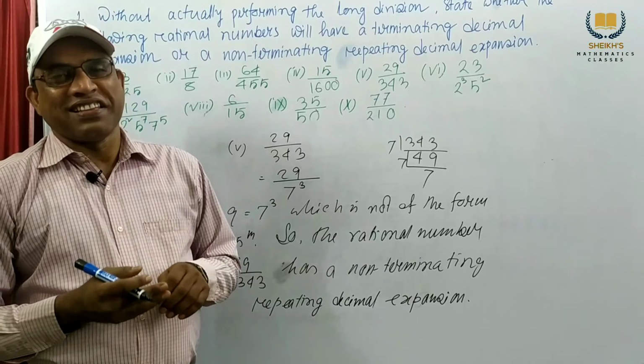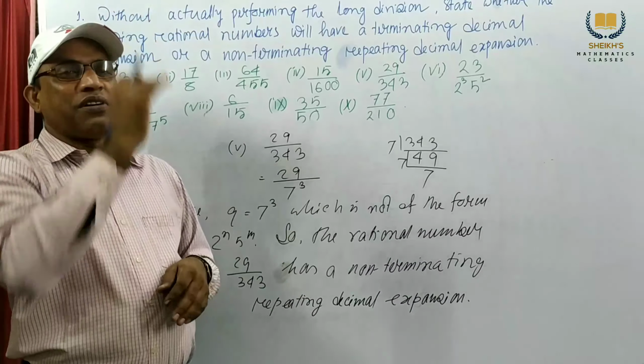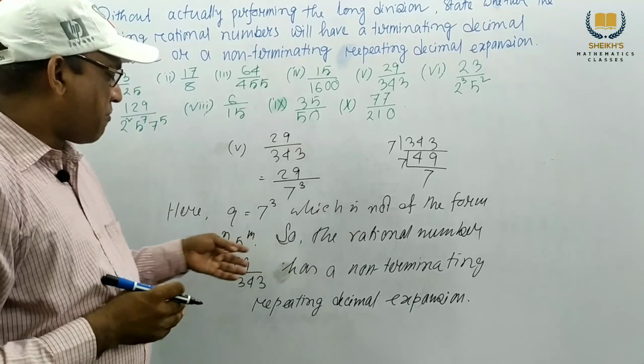It cannot end in digits. If we divide for a long time, it will go on to an infinite number of terms.